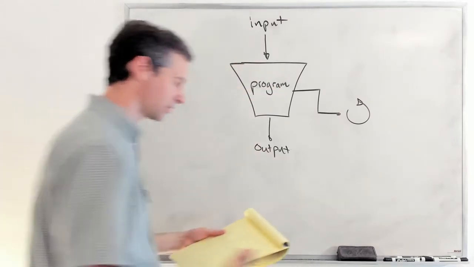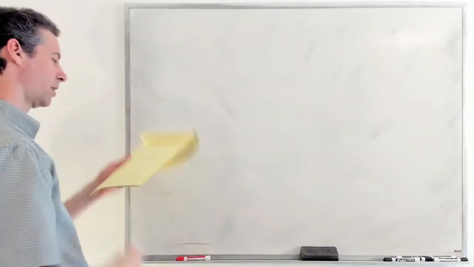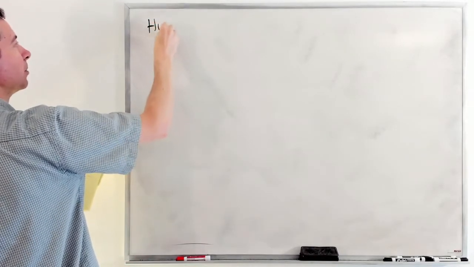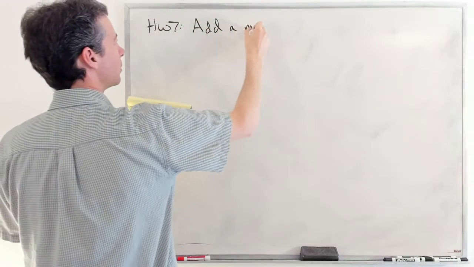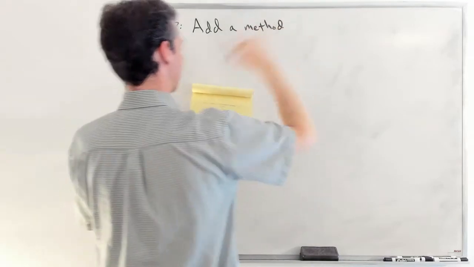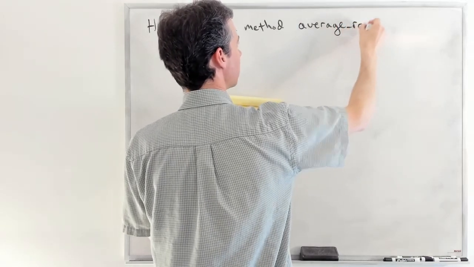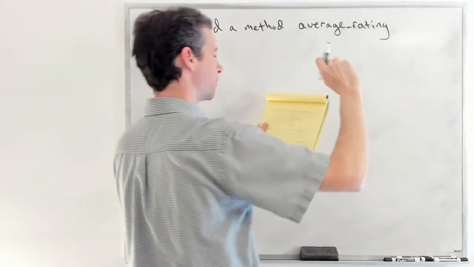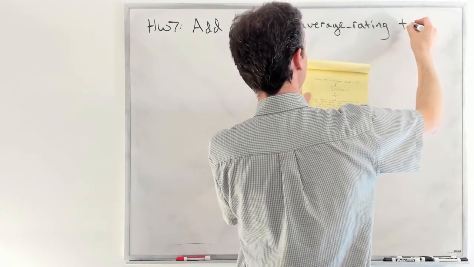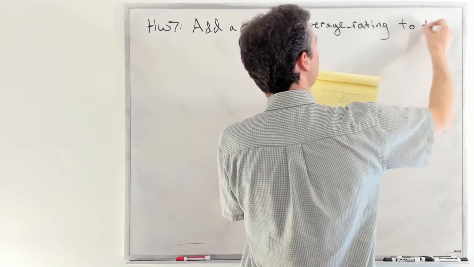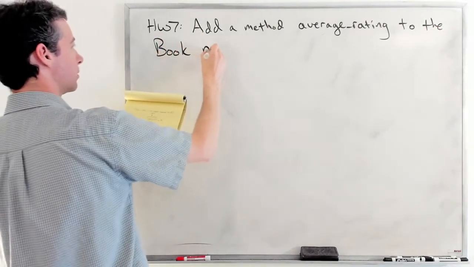All right, so let's take a specific example from homework 7. Homework 7 had this problem or task on it. It said, add a method, average rating. This is the name of the method, and it was done in a different font in the assignment. I can't do fonts on my whiteboard. Add it to the book model, which is a class.